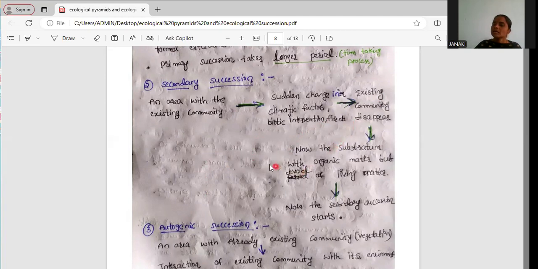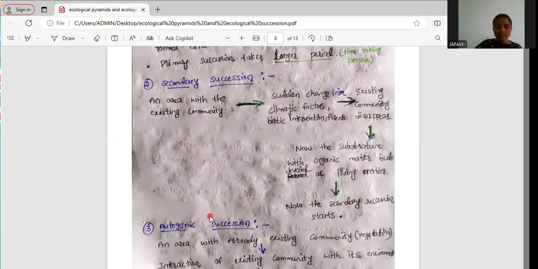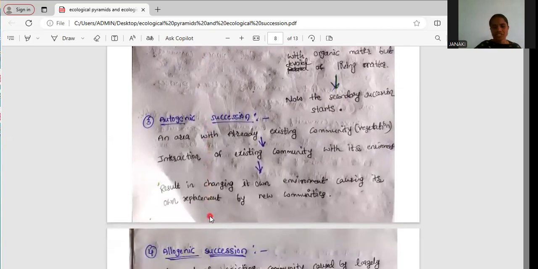Now the substratum has organic matter but is devoid of living matter, and secondary succession starts. So sudden changes, such as climatic or other physical factors, lead to secondary succession.